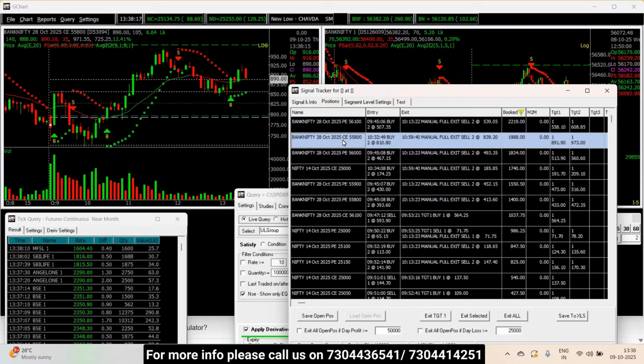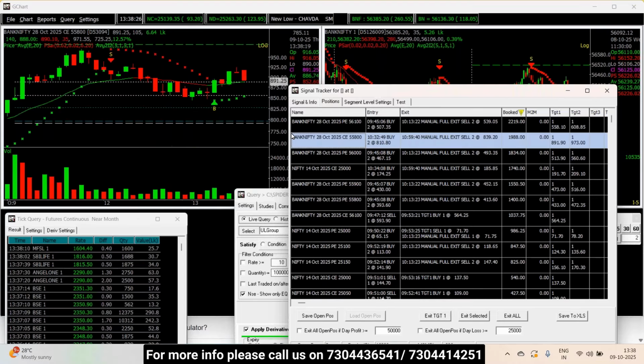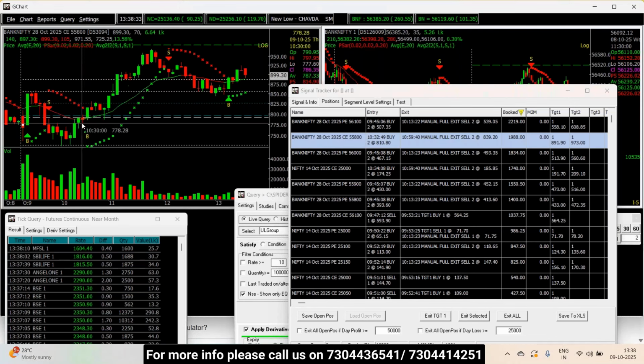So I'm going to open this. At 10:20 and 10:32, I got a signal for the buy. Let's zoom in on 10:32. Here we got the exact buy signal.